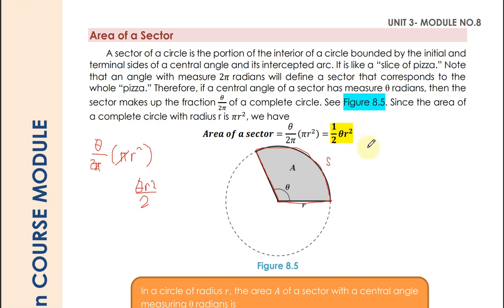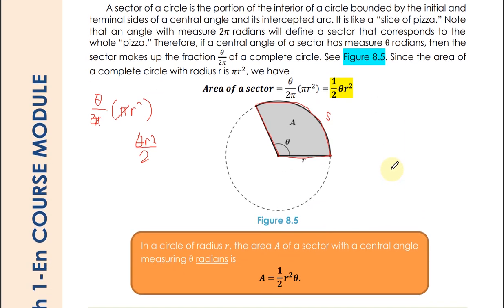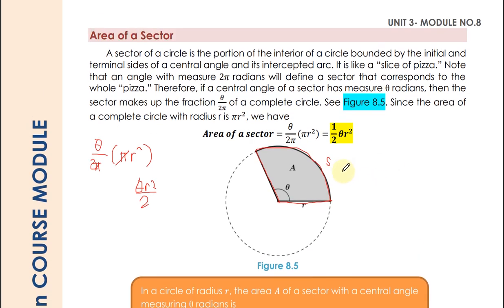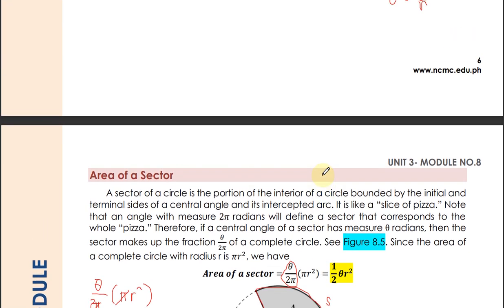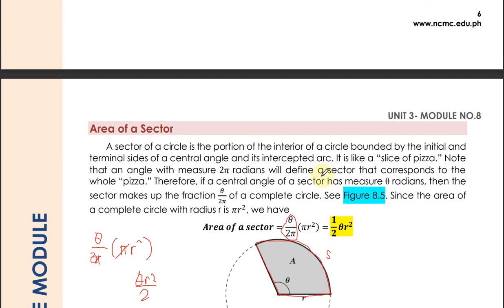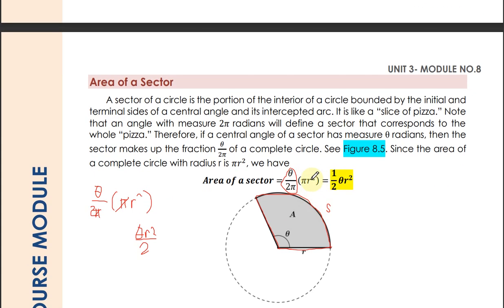Okay, so that is the formula for the area of the sector. So, you just memorize this part, angle over 2 pi. Then, if it is asked to find the arc length, then you just multiply it by the circumference of the circle.